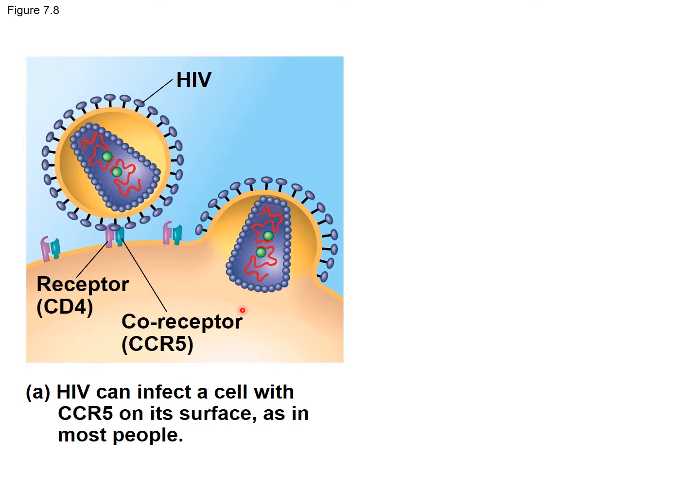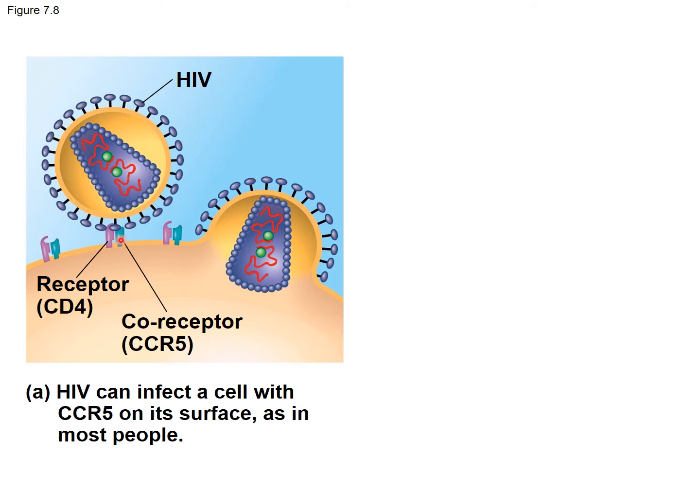Well, this happens to be, let's say, a human cell, and there are receptors on the surface of our cells which allow HIV, the virus, to attach to and then basically fuse with the cell and incorporate its genome into the cell. So these two receptors are the following. We've got the main receptor, which is called CD4, and then it's got a co-receptor, which is CCR5.